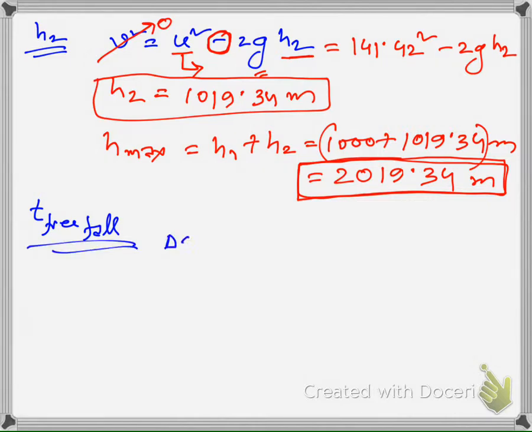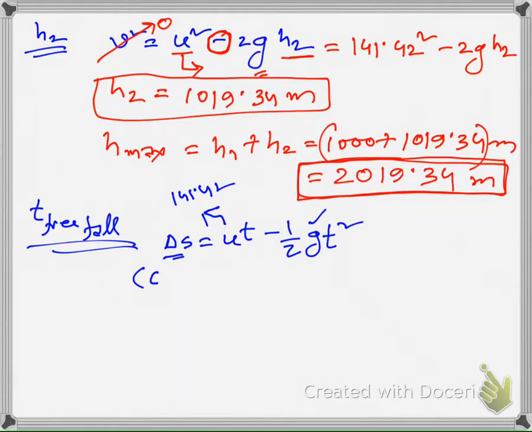So delta s equals u t, the initial velocity multiplied by time, minus half, again the gravitational pull is against the initial velocity, g t square. So u, we know the initial velocity at 1,000 meter, because that's the free fall start point, 141.42. We know g. So what will be the delta s? Delta s is the change in displacement.